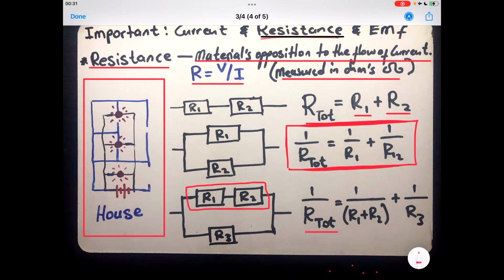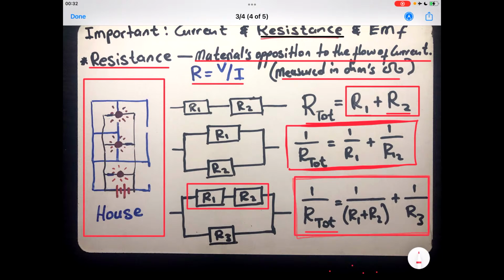We know very well that to calculate the total resistance of a series connection, there is the formula. That is why I'm saying within a parallel connection, we still have a series connection. I hope it makes sense, honorable members.